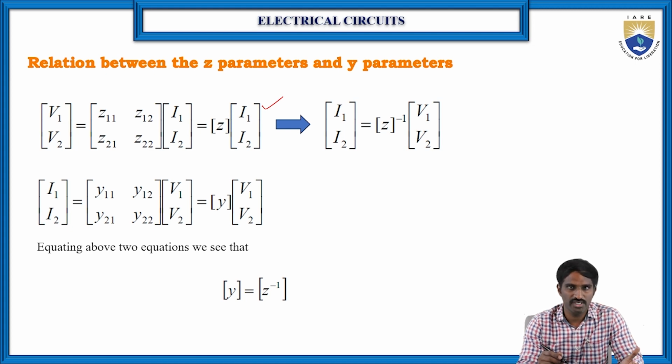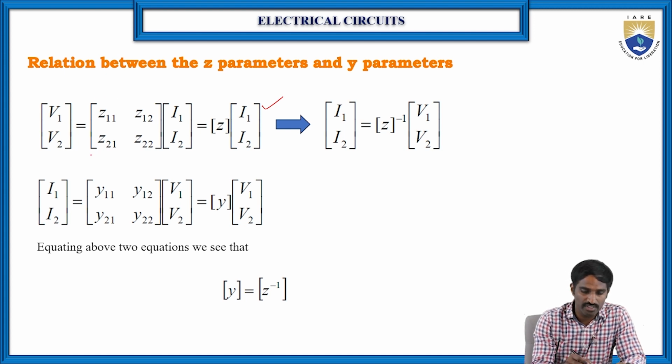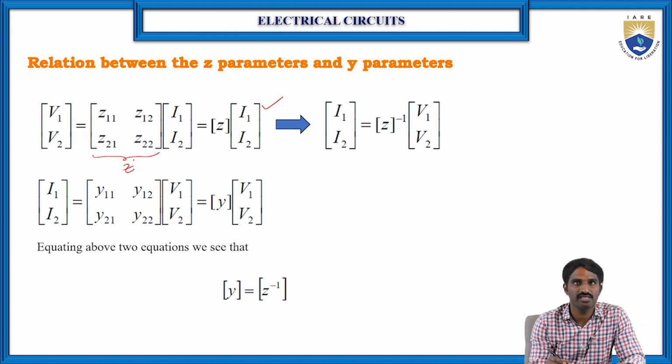We write this in the form of a matrix. This is the impedance matrix, so we can simply call it matrix Z. The equation can be converted into V equals Z into the column matrix I1, I2.